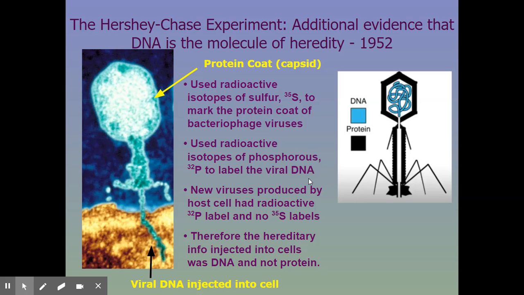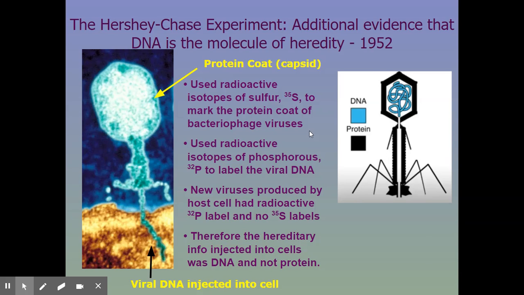What they saw was that the bacteria infected by the radioactive sulfur ones contained no radioactivity at all, meaning that the protein molecule did not enter into the bacterial cells, whereas those infected by the radioactive phosphorus viruses contained radioactivity.